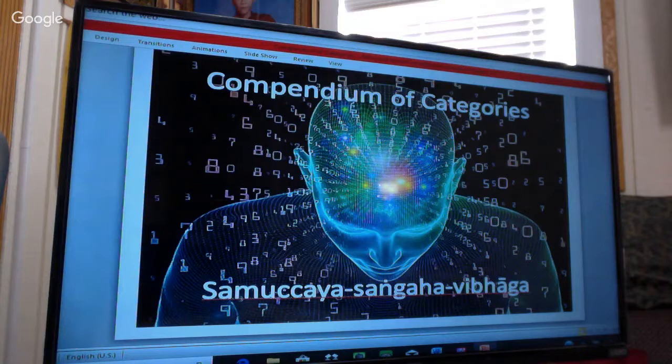So many different things in the third chapter. The 4th chapter is the process of mind. The 5th chapter is the Vithimutta Sangha, which we just finished in the previous lecture.